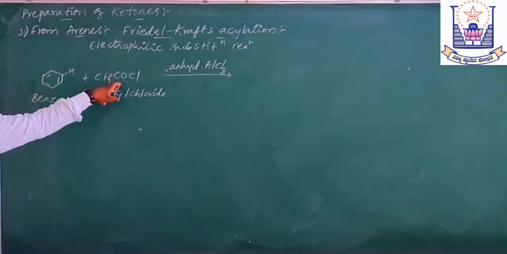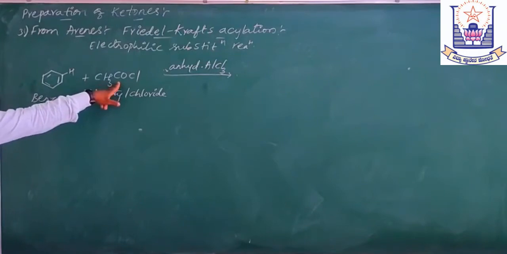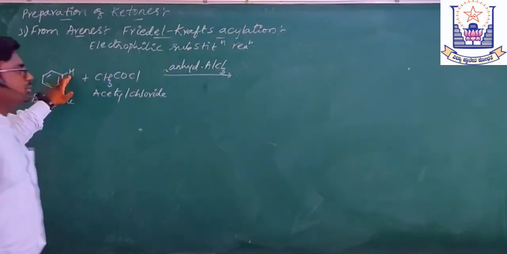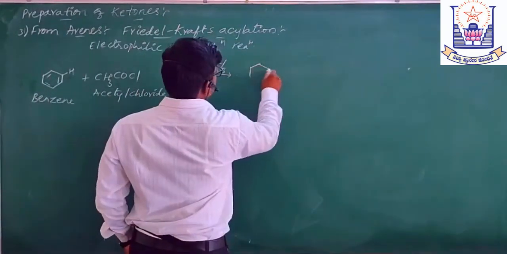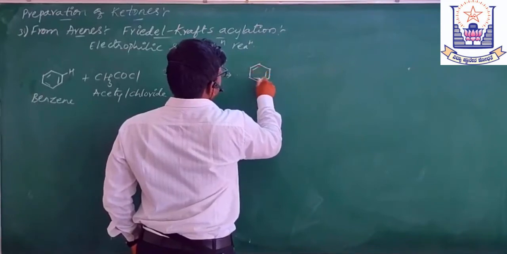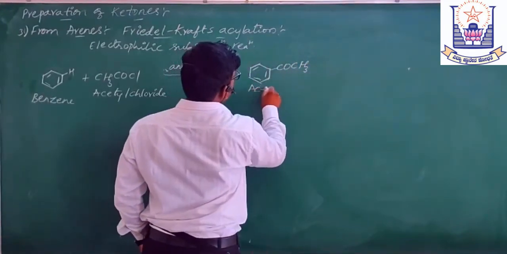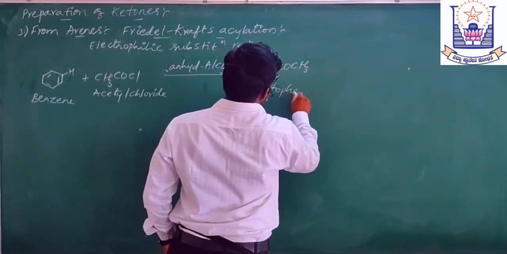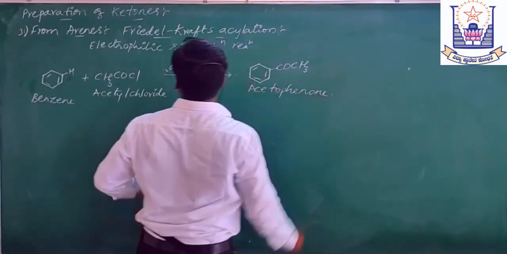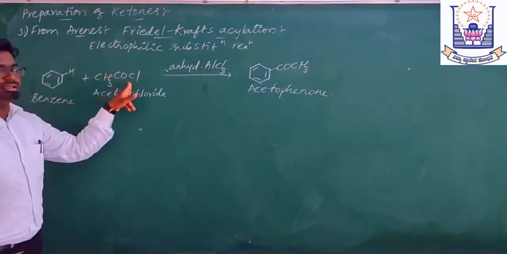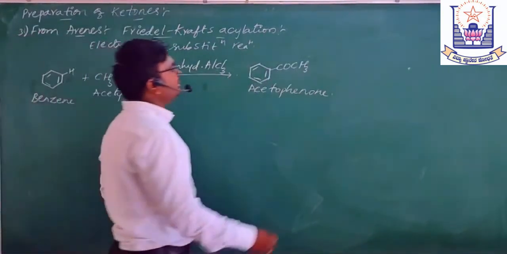This CH3CO plus, that is the acyl group, will replace this H. So you will get benzene COCH3. This is called acetophenone, and the byproduct will be HCl.